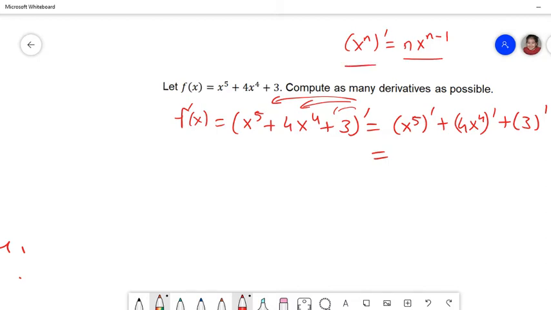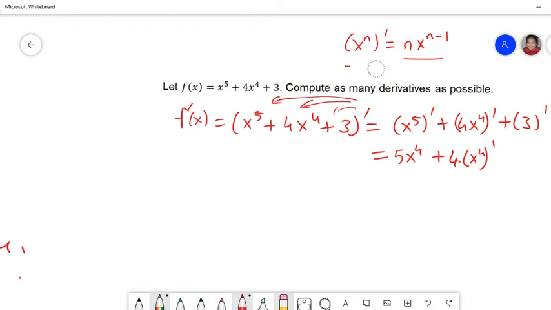And if I use this one for x to the fifth, it will be 5 times x to the fourth, plus 4 times x to the fourth prime. The 4 is not affected. This is a coefficient. This is a constant term coefficient here.